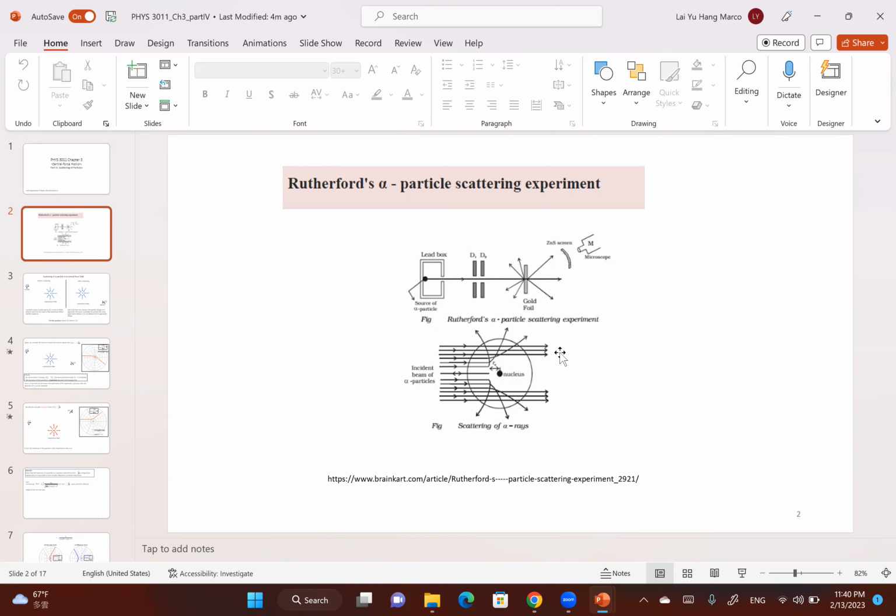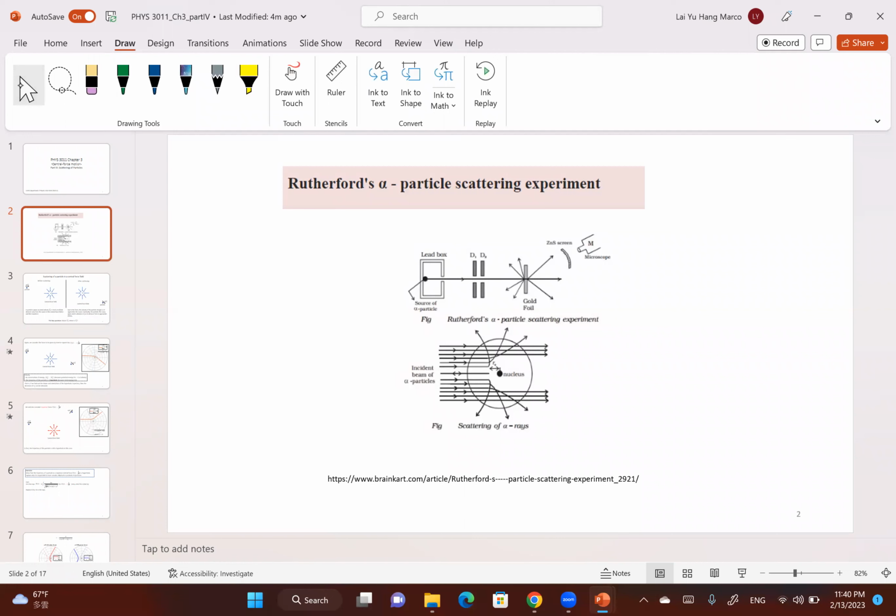We have a source of alpha particles, which are positively charged, and we shoot a beam of alpha particles at the gold foil over here, just like this.